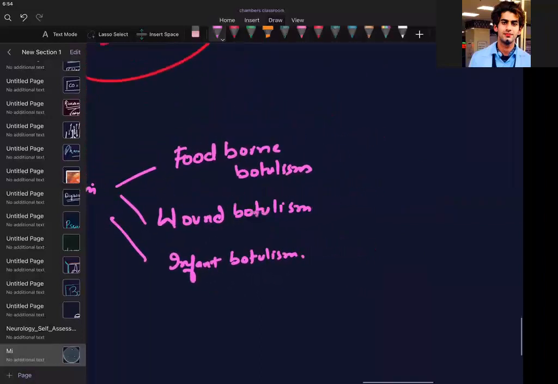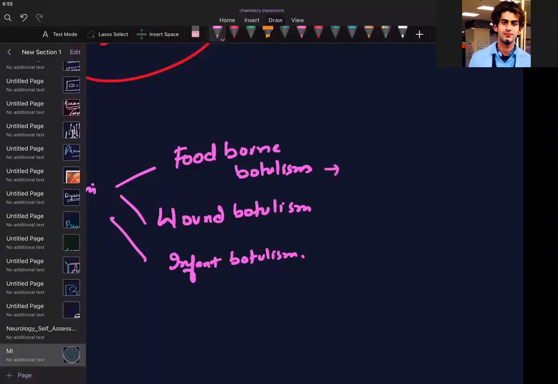Okay. Foodborne botulism. Foodborne botulism is, you can say, adult botulism. Food poisoning. Let me write food poisoning.